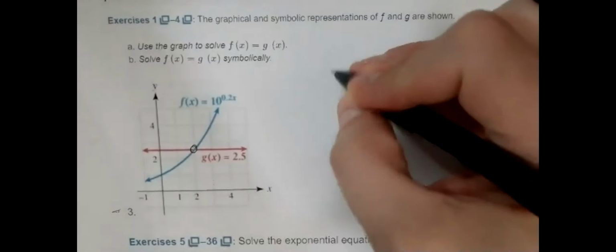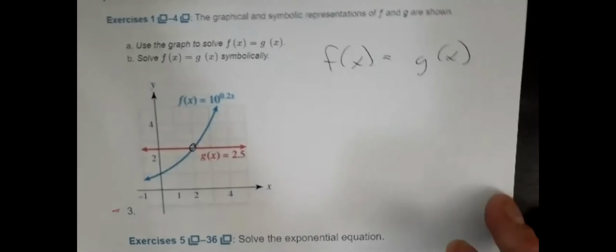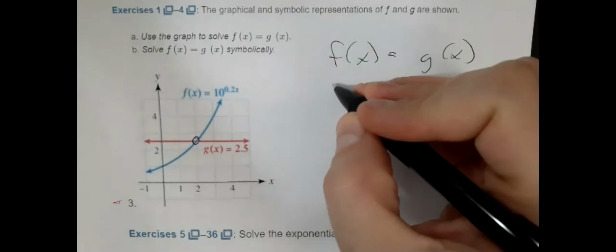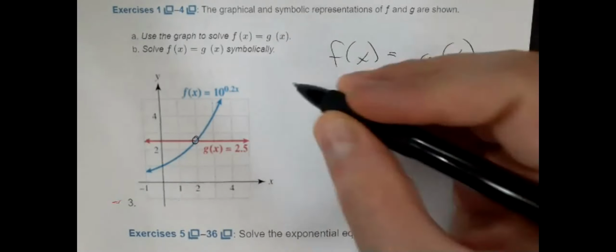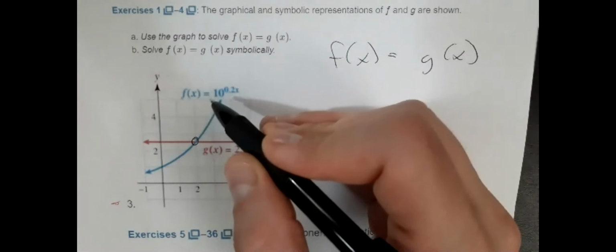If we do it symbolically, maybe that'll help. If we do f of x equals g of x, how will we find a solution to this symbolically? So what do we know about f of x? It's a curved line.